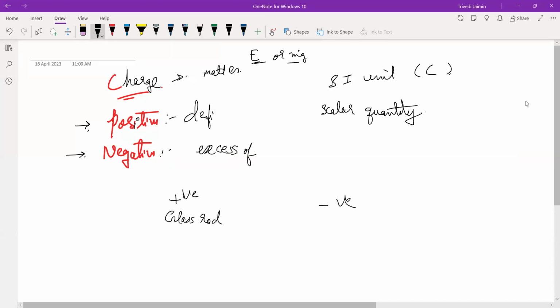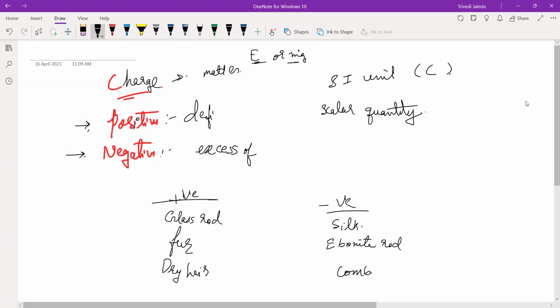Like glass rod and silk, fur and ebonite rod, dry hair and comb. When you were a kid, I guess you have done all this, right?